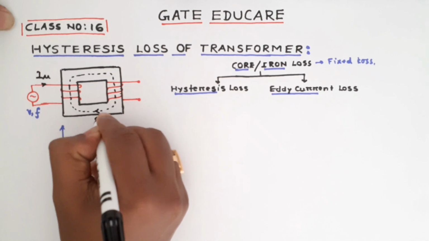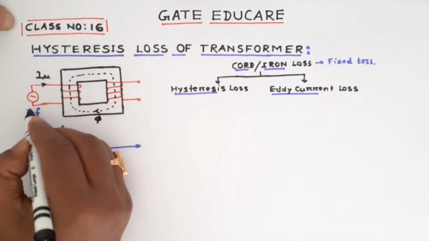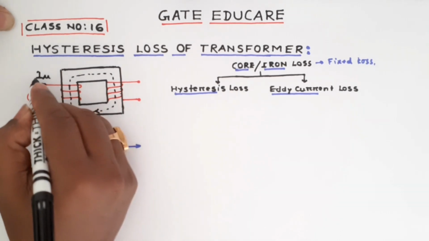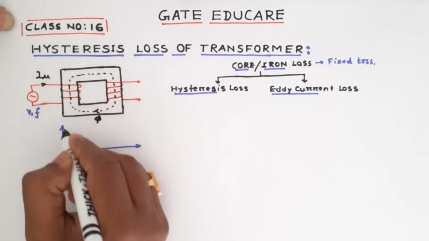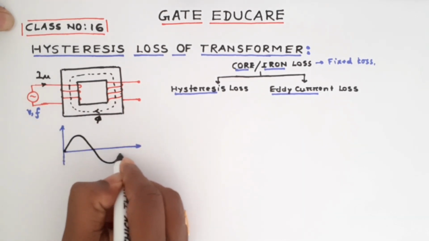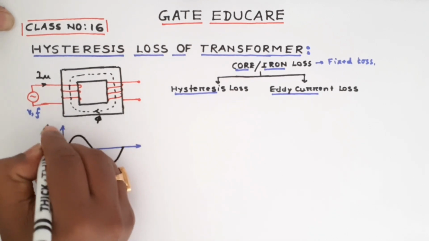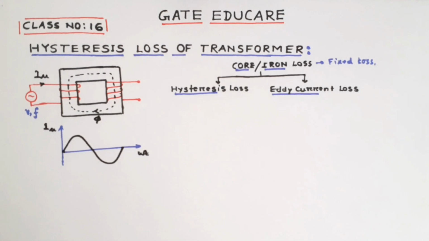This is the flux phi. Since the voltage is AC, the magnetizing current will also be alternating in nature. This is I mu, the magnetizing current versus omega t.